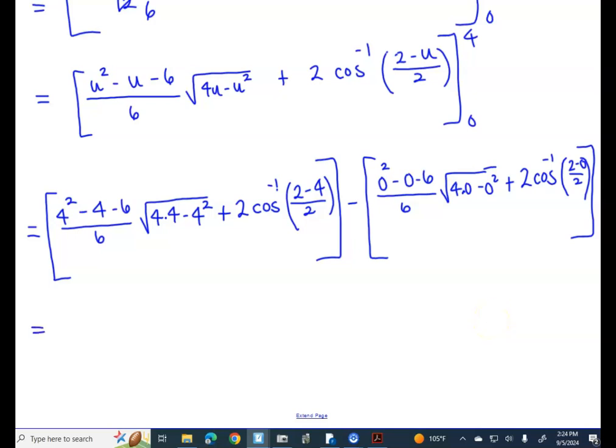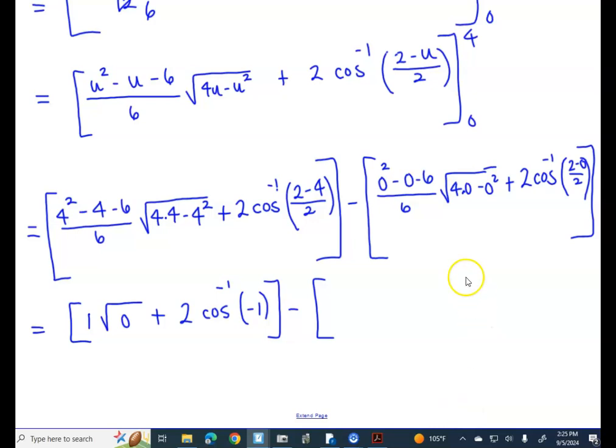Okay, so if we simplify here, we have 4 squared is 16, and 16 minus 4 is 12. 12 minus 6 is 6, and 6 divided by 6 gives us 1. So this is going to be 1 times the square root of 16 minus 16, which is 0, plus 2 times the cosine inverse of 2 minus 4, which is negative 2, divided by 2 is negative 1.